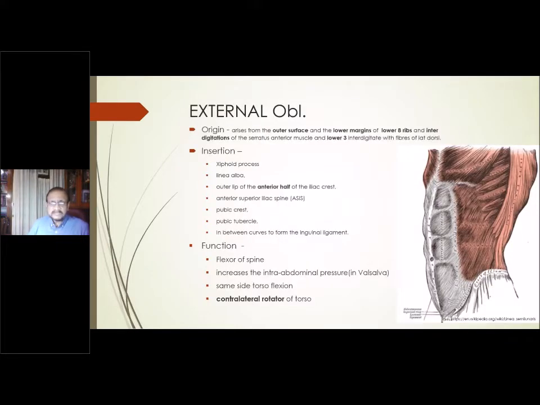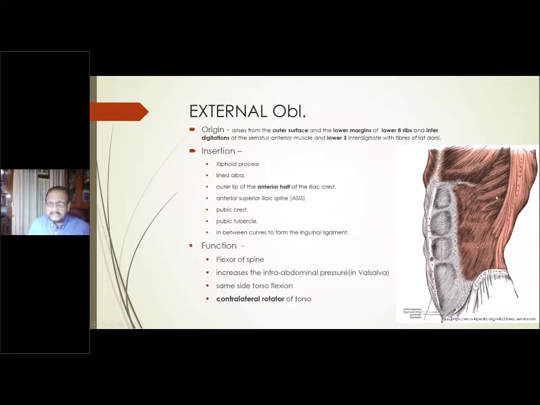Talk about the first muscle, the external oblique. If you look at the external oblique, it is a muscle arising from above and going down. So it arises from the outer surface and lower margin of the lower eight ribs, and the interdigitations of the serratus anterior and the latissimus dorsi, right? So at the ribs, they are the origin of the external oblique, and it interdigitates with the origin of these muscles.